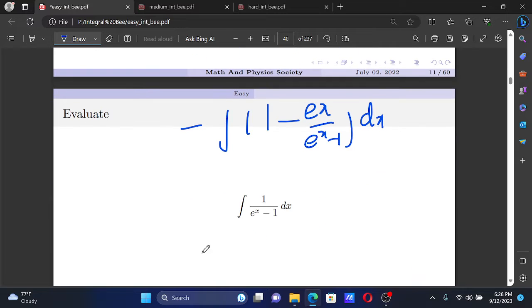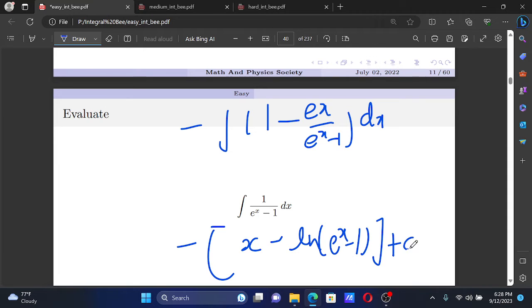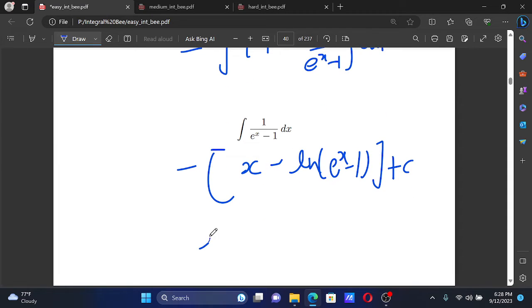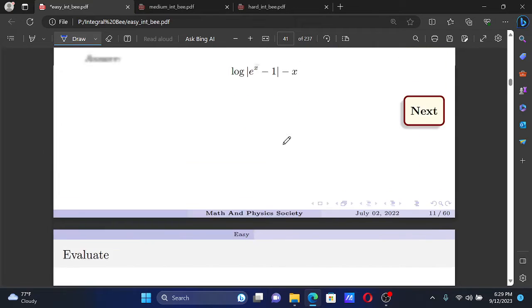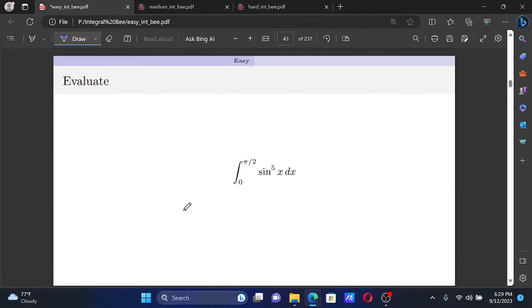And then we have negative of the integral of 1, which is x, minus here. If we let the denominator be y, we get e to the power x dx as dy. So this is ln of e to the power x minus 1 plus c. And so we just multiply by the minus sign: ln of e to the power x minus 1 minus x plus c as our answer. Yes, let's go to the next one.